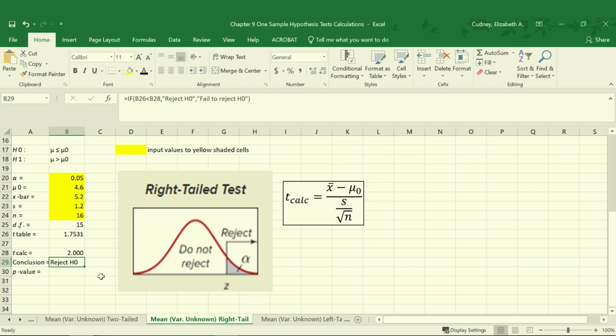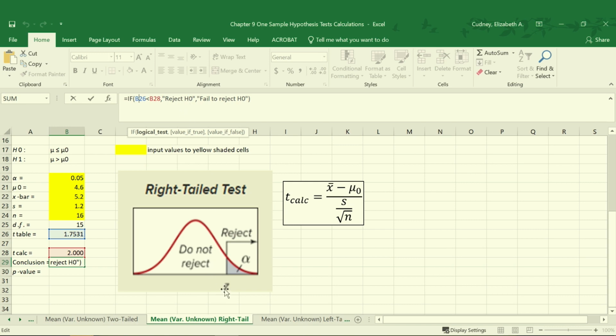So we can formulate this using conditional statements to come up with our conclusion. So in this case, if B26, which is our t-table, is less than B28, which is our t calculation, then we're going to reject the null hypothesis.